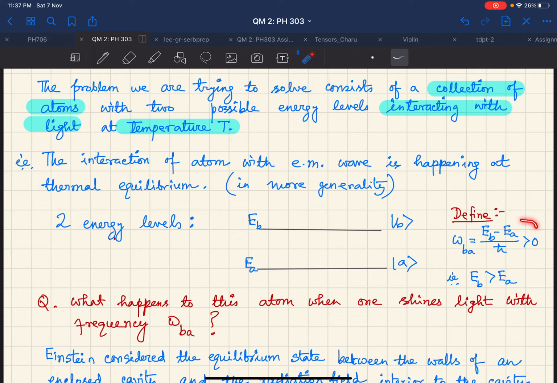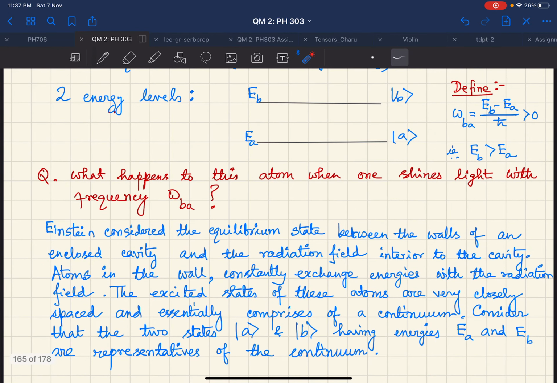And we can always define omega_BA to be (E_B minus E_A) by h bar, and we assume that E_B is greater than E_A. Now you ask the question, what happens to this atom when one shines light with frequency omega_BA? So there are a lot of atoms and we shine light with the frequency omega_BA.